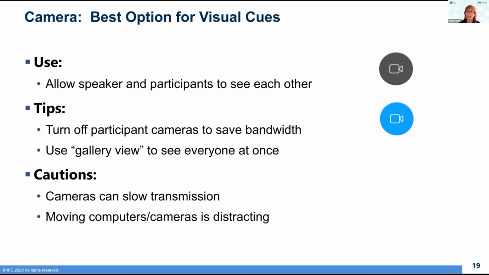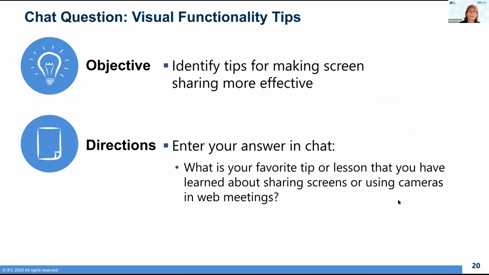Well, I've given you a few tips for visual functionality, and I'm guessing that most of you have already used screen sharing and cameras in your meetings. So let's share some lessons learned. Right now, I'd like you to write into the chat, what is your favorite tip or lesson that you have learned from experience about either screen sharing or using cameras in web meetings?